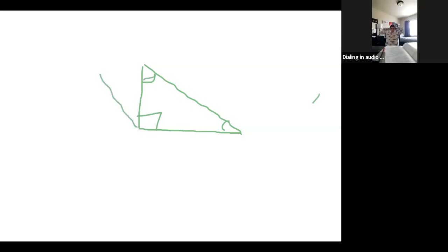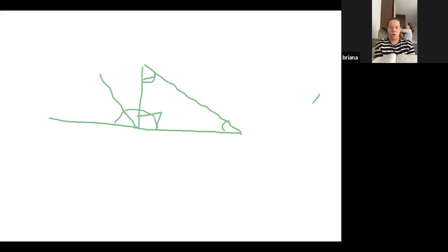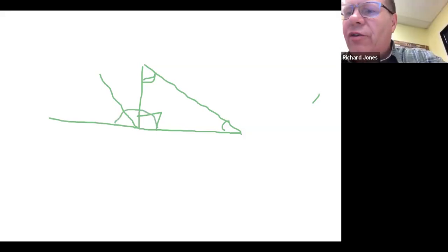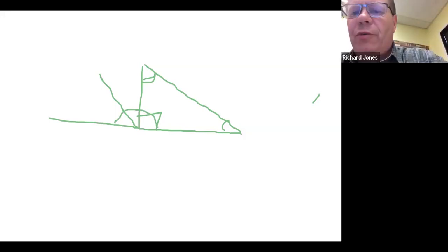Then we take that angle and put it there. What's the total angles altogether from here to there? 180, yes. So 180 degrees for a triangle, okay? So all three angles added together will equal 180. And then if you know two of them, you should be able to figure out the third one, right? So let's try that.